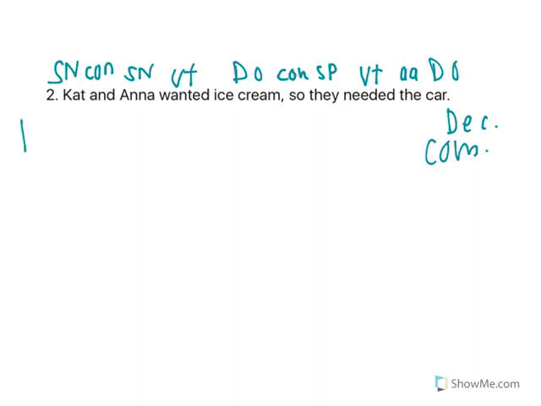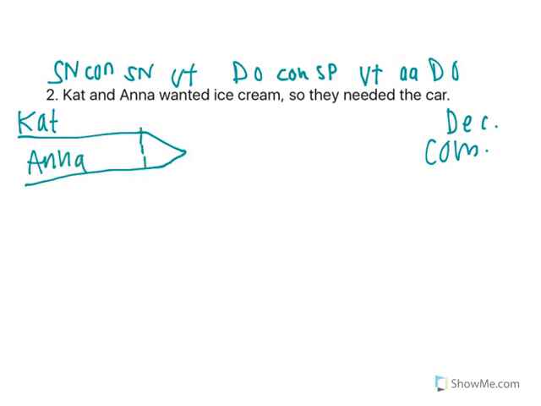So we're going to diagram this one very similarly. Kat and Anna is our compound subject. Wanted. What did they want?